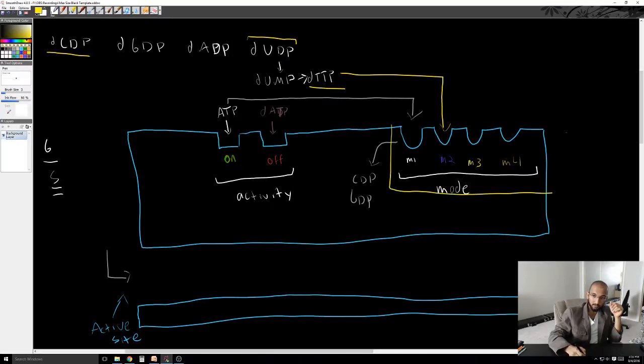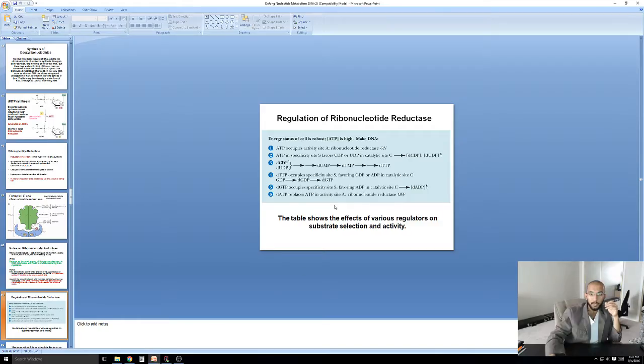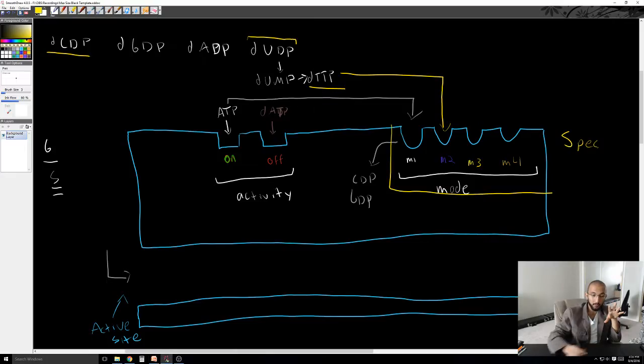There are not four of them, there's just one specificity site, as I understand it. So we get dTTP in there, and then it favors GDP or ADP in the catalytic site. So going back here, we get GDP and ADP in the catalytic site, and now we're going to get these two as output.